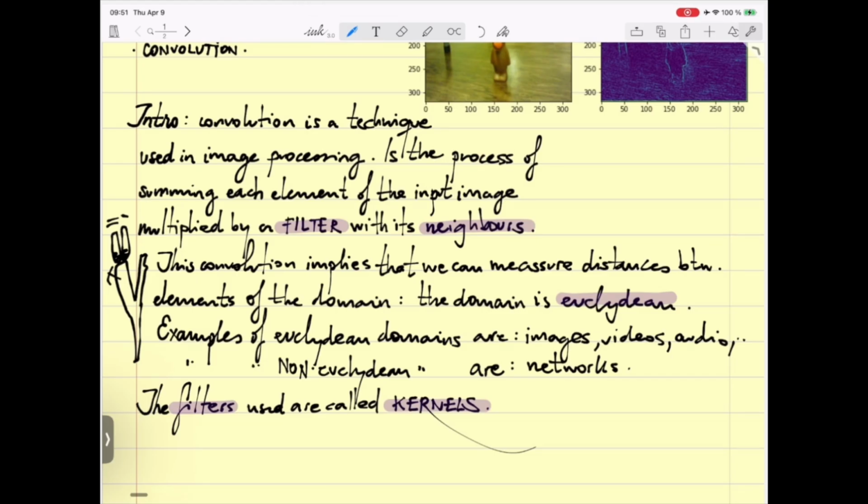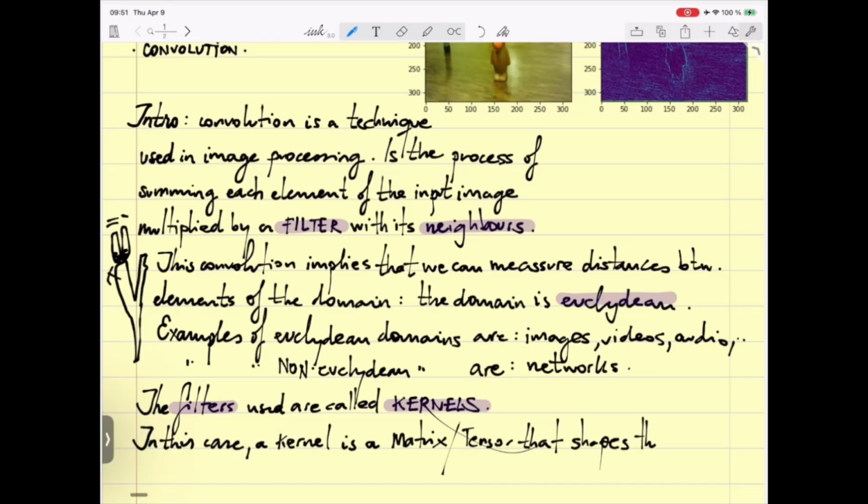So in this case, a kernel is a matrix or a tensor that shapes the convolution. We will right away see what that means.